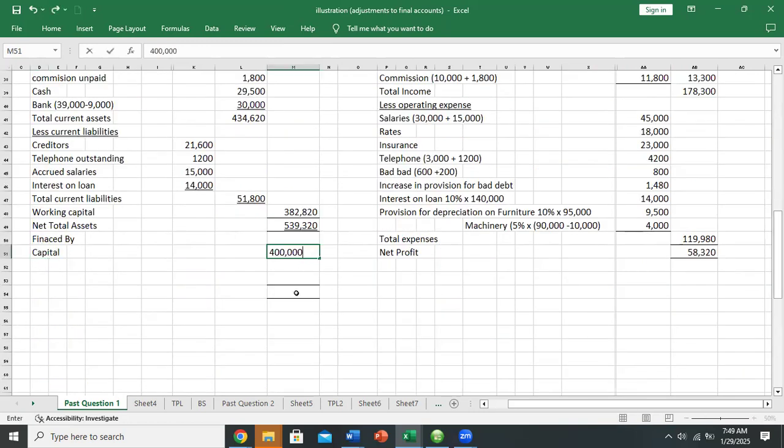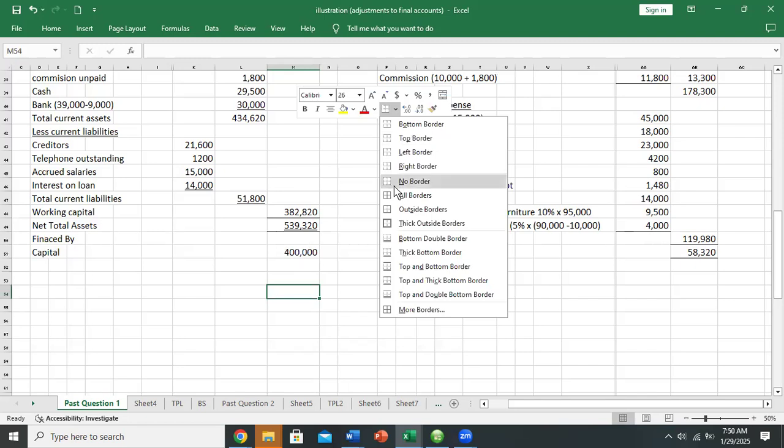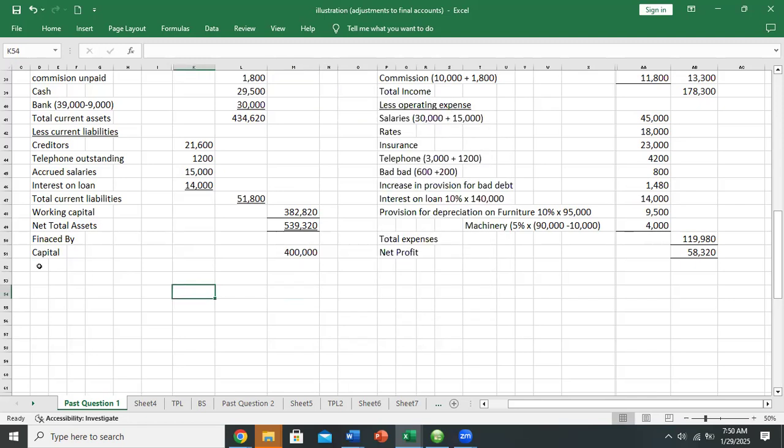You add the net profit, you less drawings. So let's check our net profit, which is 58,320, and also less the drawings. But again, the drawings, you have to be careful because of your additional information, right?